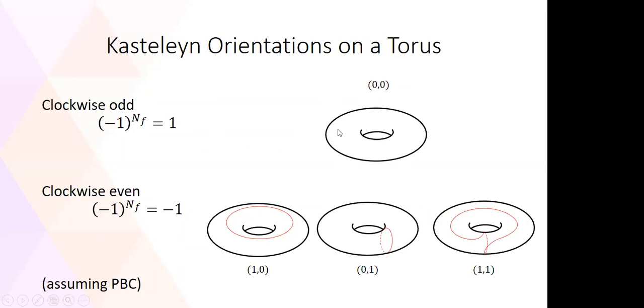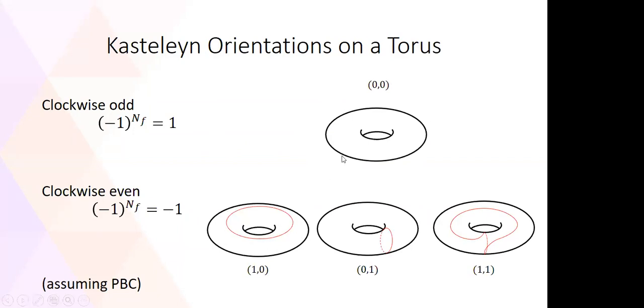A non-contractible loop is again the topological index that relates to this kind of loop, and we also have this kind of loop. So it's Z2 times Z2 topological index on the torus.